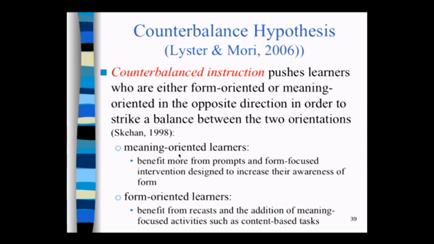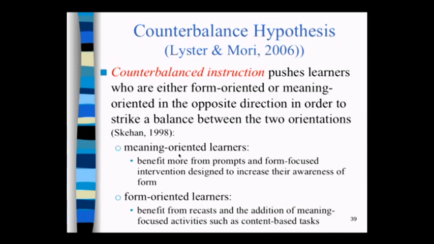Of course, with a colleague of mine, Hiro Mori, we compared Japanese immersion students with French immersion students and came up with this idea of a counterbalance hypothesis, which says that a better approach than just form-focused instruction is counterbalanced instruction. So if you're in a context that's really form-oriented, you need to inject more focus on meaning. If you're in a context that's very meaning-oriented, like immersion, you need to inject more of a form orientation.